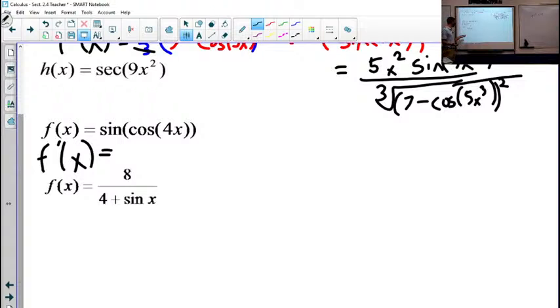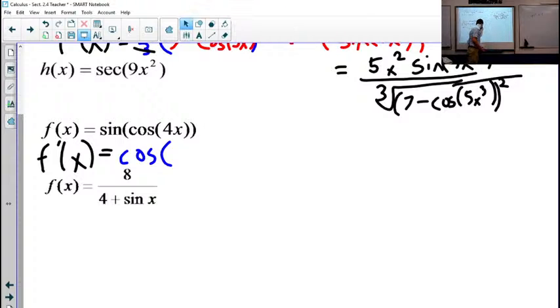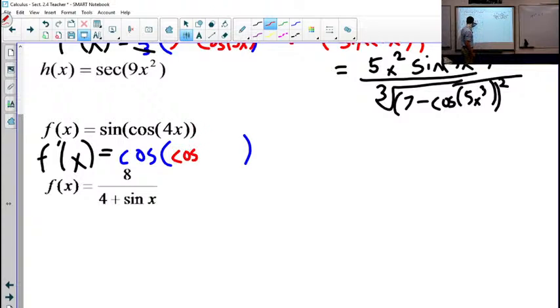It's going to be sine. So derivative of sine is cosine of the inside function, times derivative of the inside part.